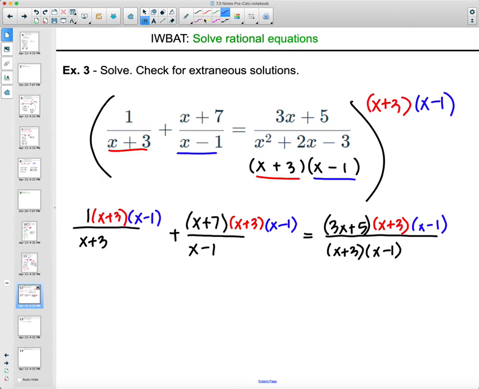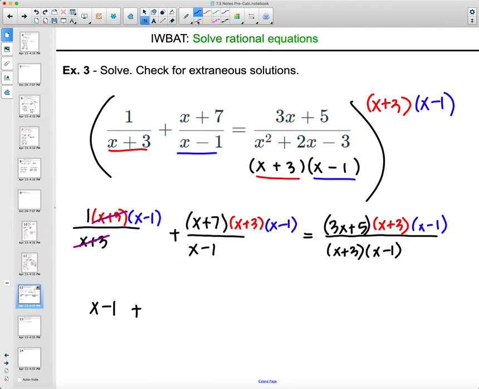So then you can go ahead and simplify, see what factors cancel out top to bottom. So we see this x plus 3 will cancel in this one. So we're left with 1 times x minus 1. So you can just leave it as x minus 1. Don't even need parentheses around that anymore. So this one just simplifies to x minus 1.